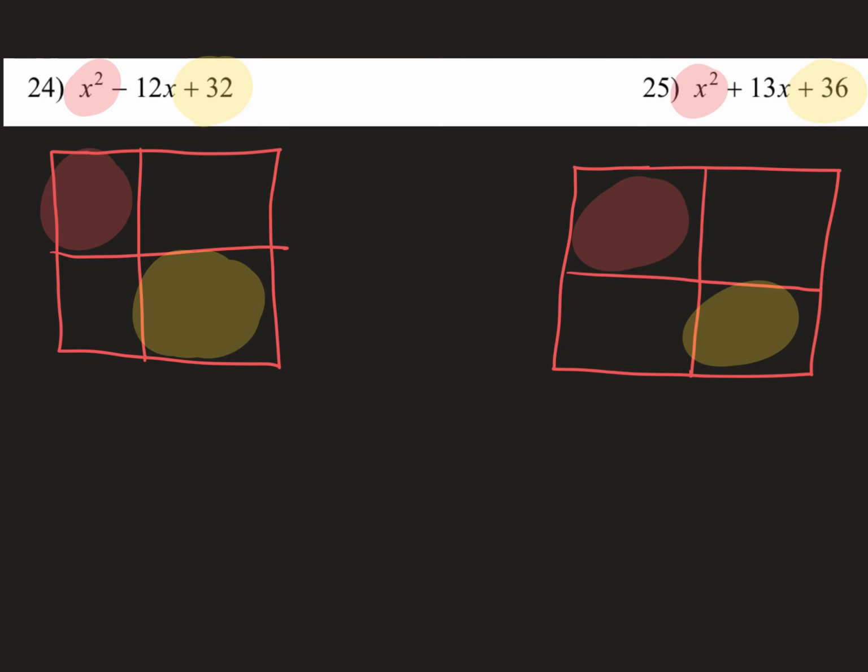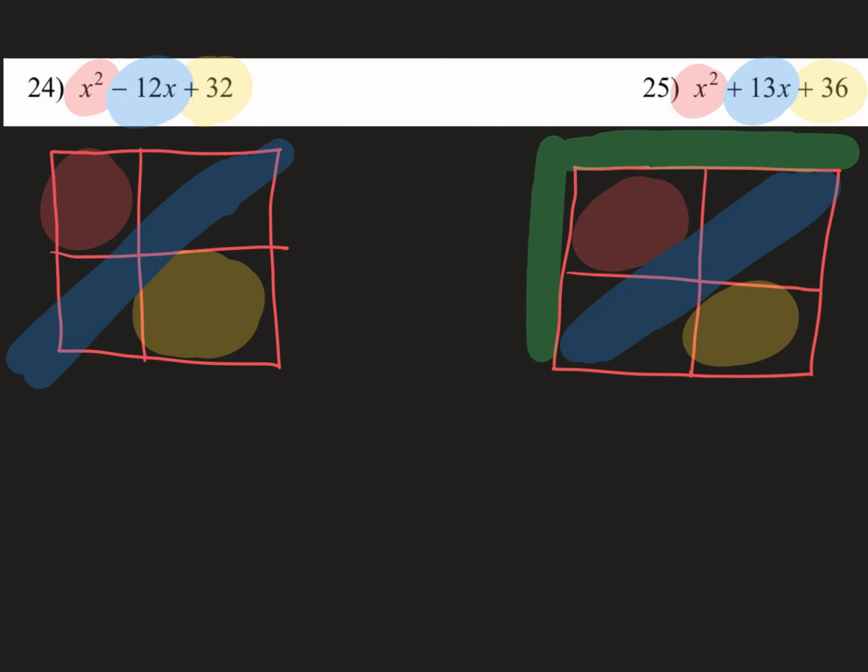In the middle, these two should add to give me this. These two should add to give me this. And our final answer will be on the top and the side. Sorry, I keep hitting my controls there. Okay, there we go. Top and the side. Okay, and then my factors.